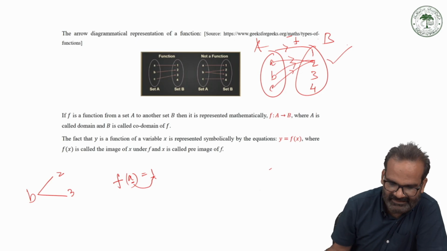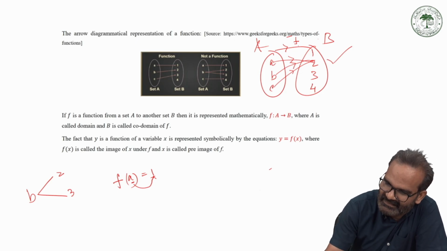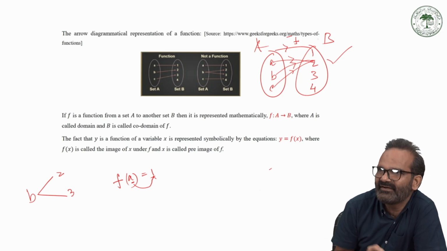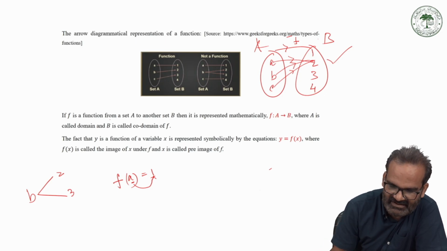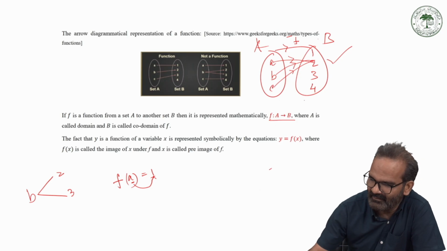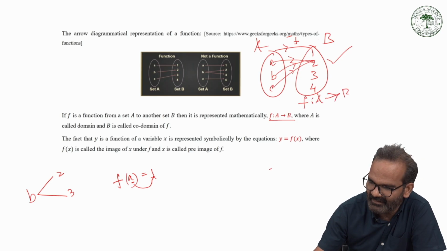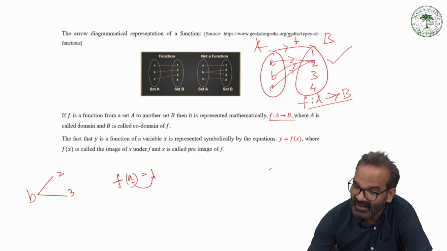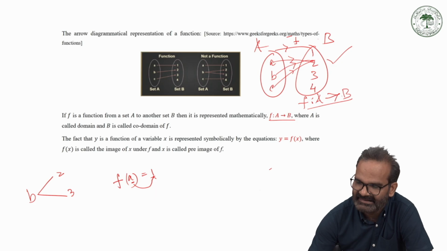So next, if f is a function from a set A to a set B, then how we will write it? Look at here. If f is a function from a set A to a set B, then it is written like this: f, colon, A rightward arrow to B. This is how we write and how we read it. f is a function from the set A to a set B, right?